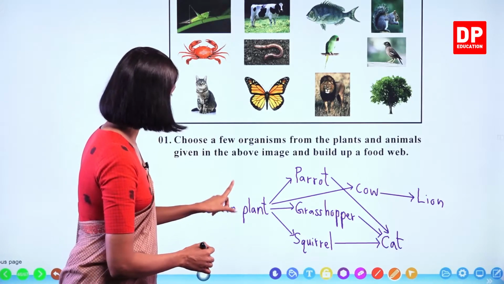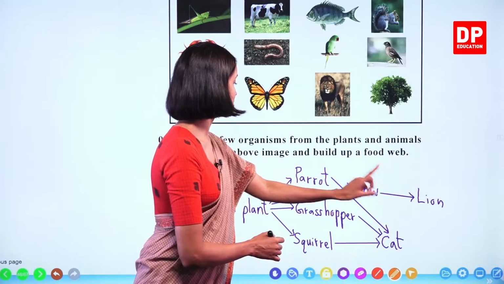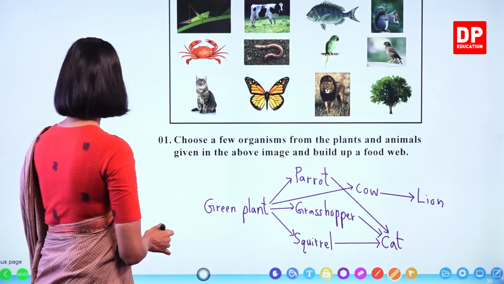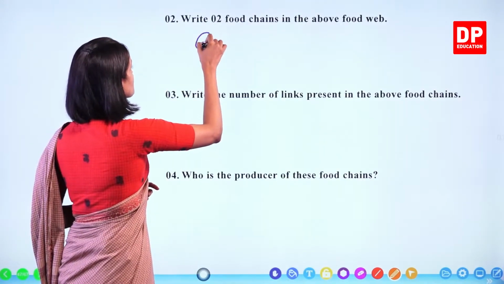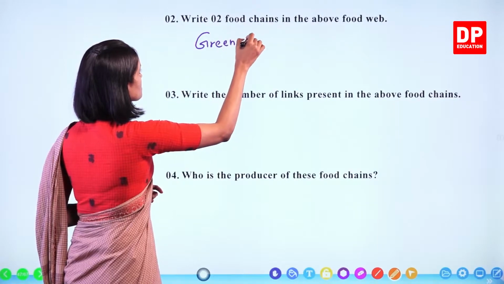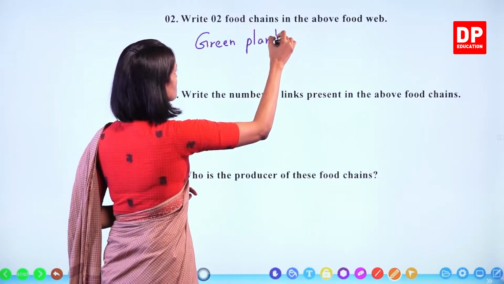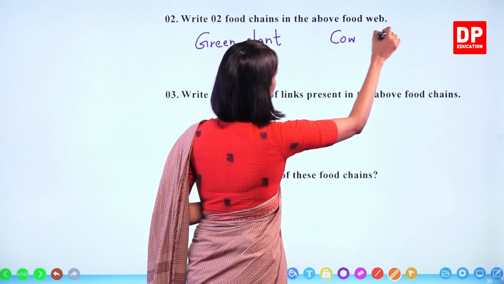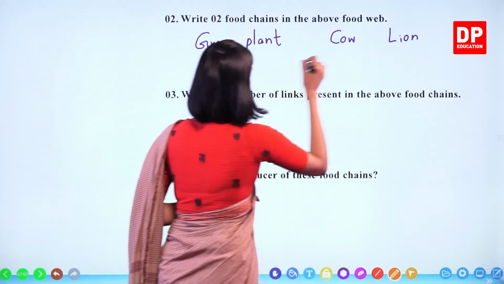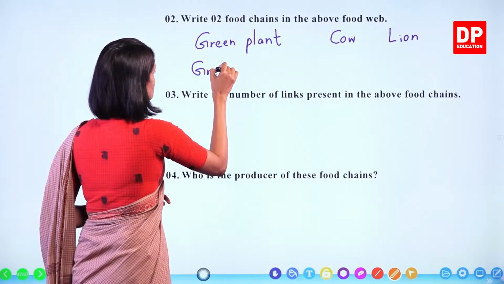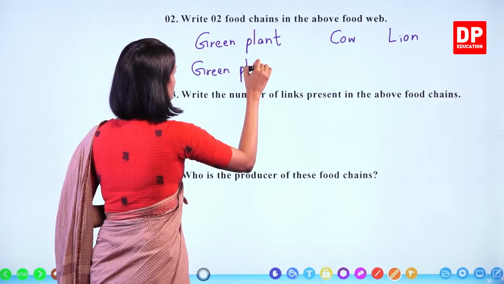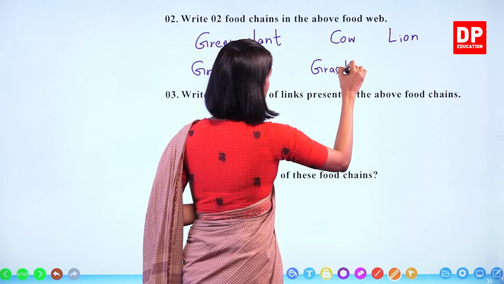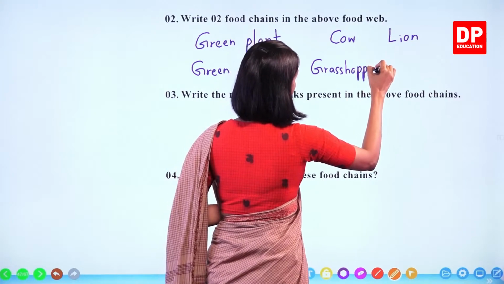We'll write green plant, cow, lion; green plant, grasshopper, cat.